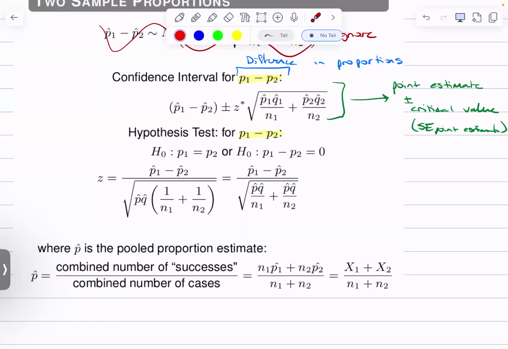Right? And if I assume that they're the same, which my null hypothesis does always, then the difference between the two would be 0, right? But I find that it's a little bit more intuitive to talk about, okay, I assume that P1 is equal to P2. And then that implies that P1 minus P2 would be 0, right?